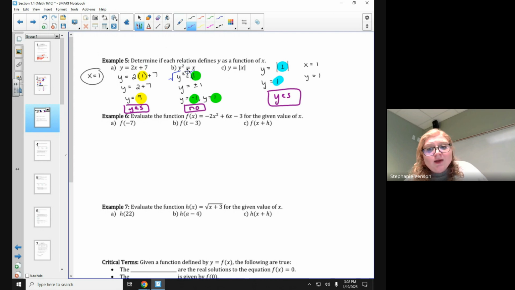Anytime that your y has an even power, like it does in part B, y squared equals x, that's usually going to give you more than one output or more than one y value. So typically, if y has an even power, it's going to be no. But if y has 1 as its power, it's going to be yes.